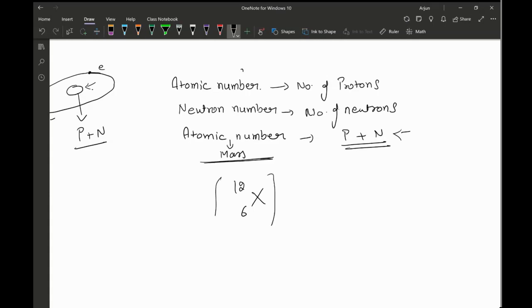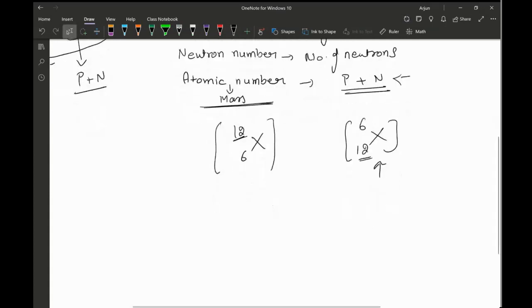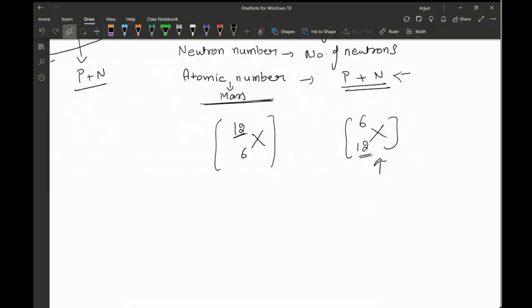So if an element is written here and you want to figure out which one is the atomic mass number and which is the atomic number, always the atomic mass number is bigger. Sometimes you will also see the books writing this way also. This is correct also, but you have to identify which one is the atomic number and which one is the atomic mass. You can always figure out, as I earlier said, by the one which is the bigger one, that is the atomic mass number.